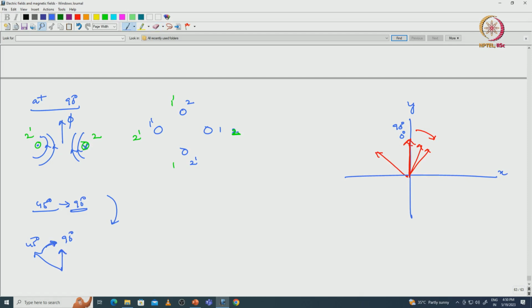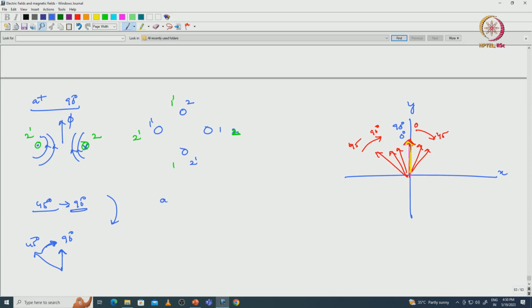Okay, in this manner it is rotating. Then the resultant vectors we can draw in this manner. This is from 0 to 45 and then from here 45 to 90 degrees. Again at 90 degrees it reached the same location, the yellow color one, the middle one.